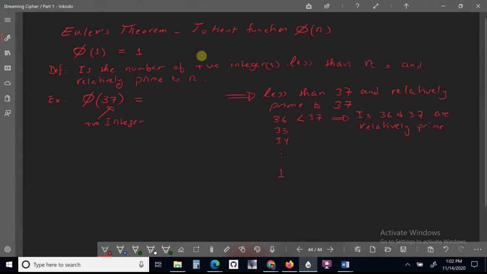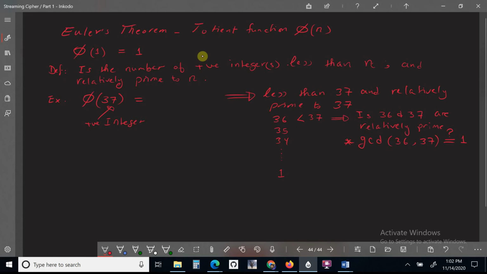The meaning of relatively prime is that the GCD we talked about before, the greatest common divisor, between 36 and 37 is equal to 1. This is the actual condition. So when the GCD between these two numbers, the greatest number that divides both of them, is only 1, they are relatively prime. Obviously, for 36 and 37, the only common divisor is 1.